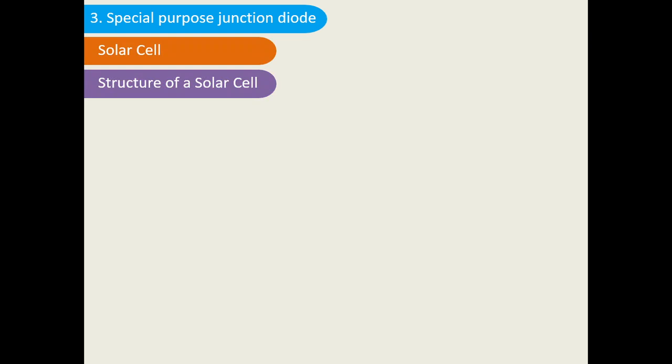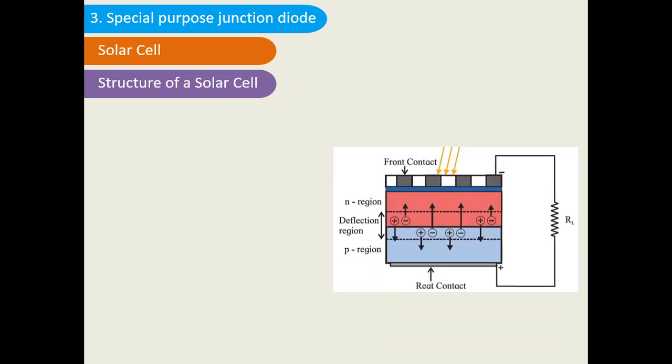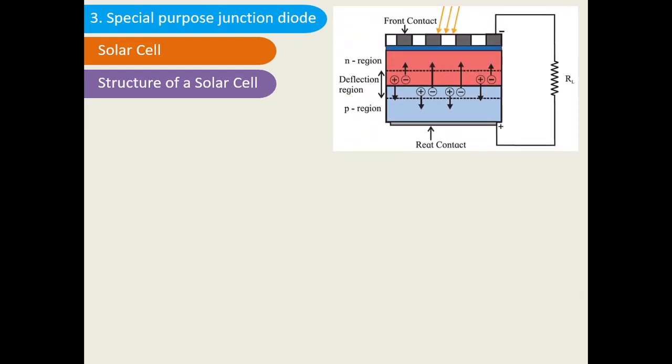The next is the structure of the solar cell, how the solar cell looks and how it actually works. You can see that whenever the light is getting incident on the depletion region, this is the N region, which is very thin, while the P region is very thick. This we have already understood.